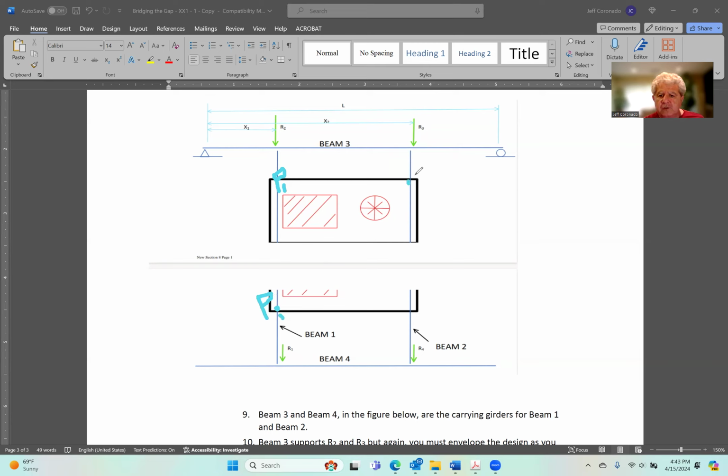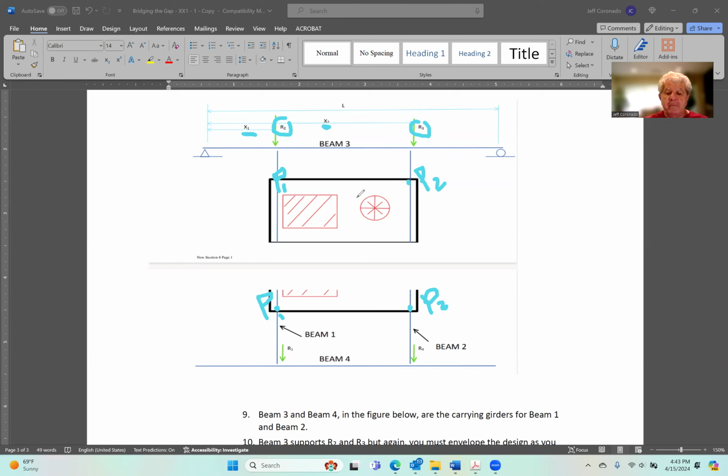And then P2 here and here. All right. Then you analyze beam 1 and you analyze beam 2, and then you get reactions, which we're calling R2 and R3, located at a distance of X1 and X2 from the left support. This is for the design of beam 3.